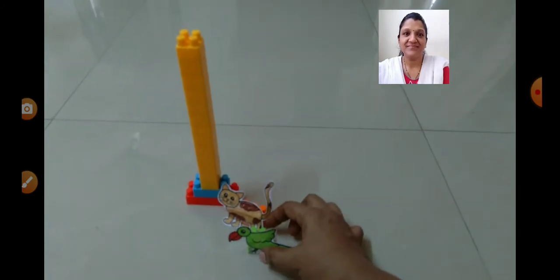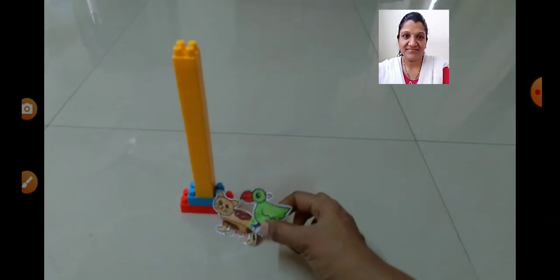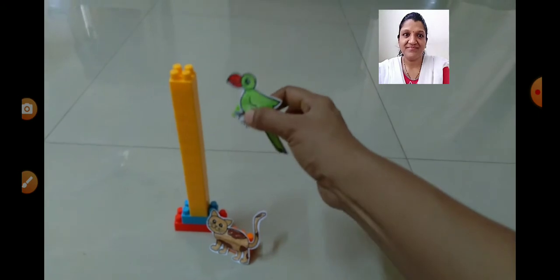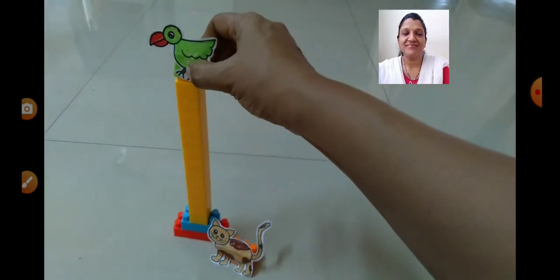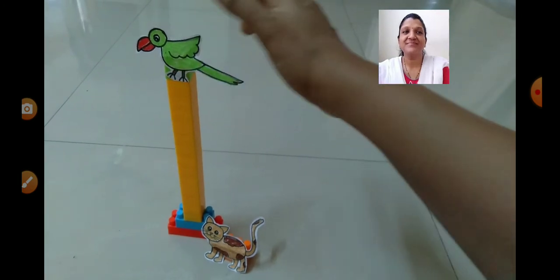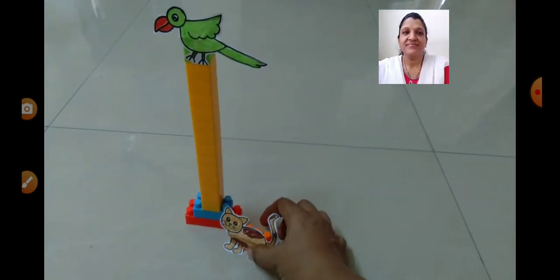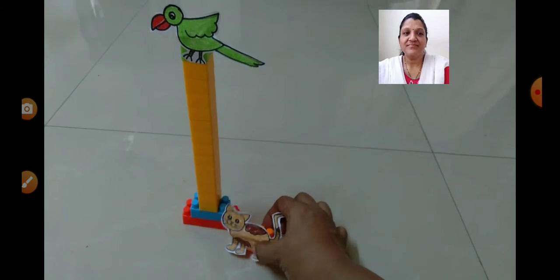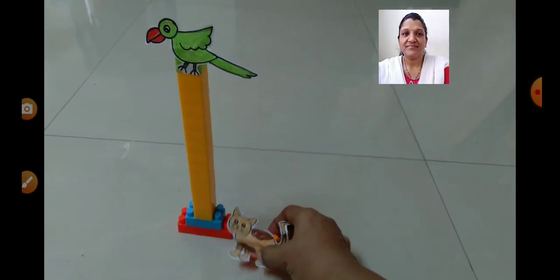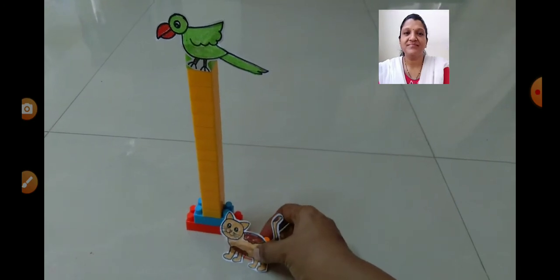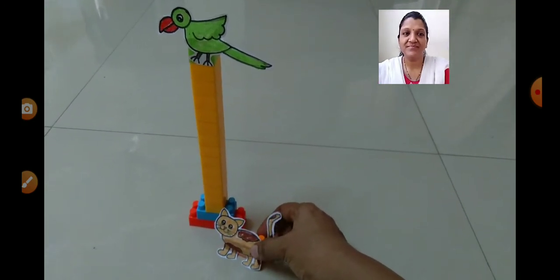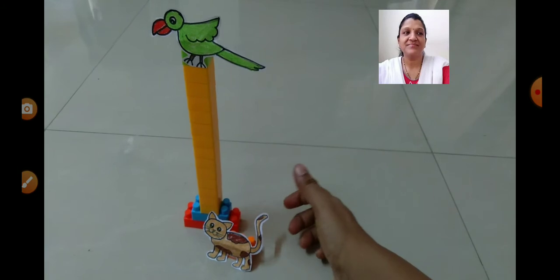Parrot said, I can fly, so I will go on the top of the pole and take the rest. Cat also wanted to fly, but can cat fly? No. So she decided to take the rest at the bottom of the pole.